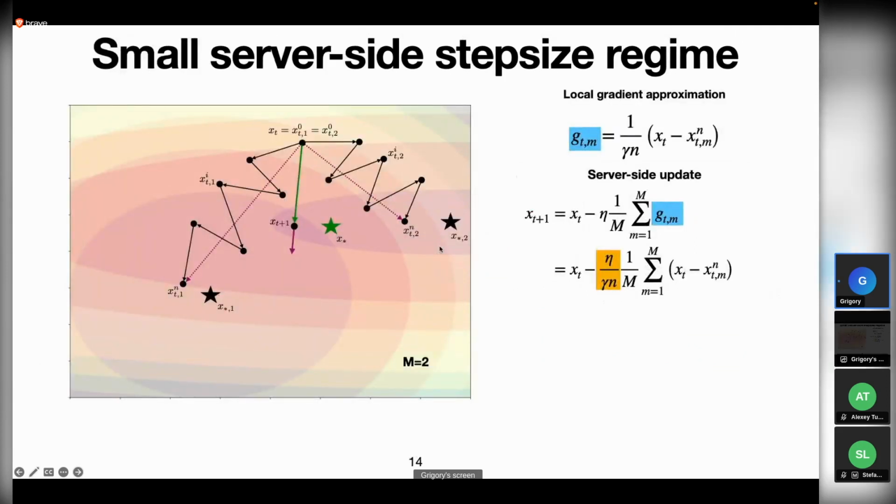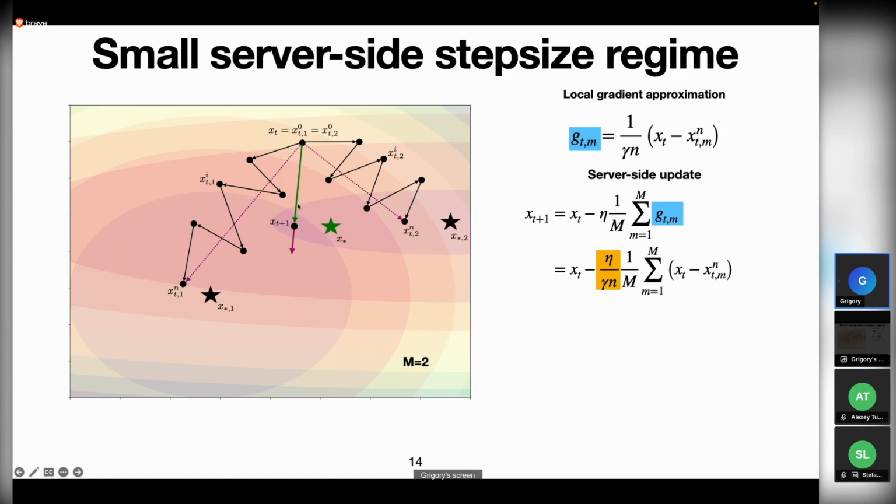Okay, let us consider the small server-side step size regime. So we have the opposite behavior. Since we allow large client step sizes, we have large variance. And in order to control this variance, we need to use a small server-side step size.